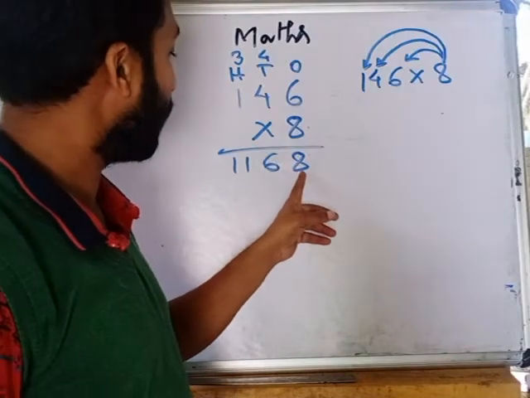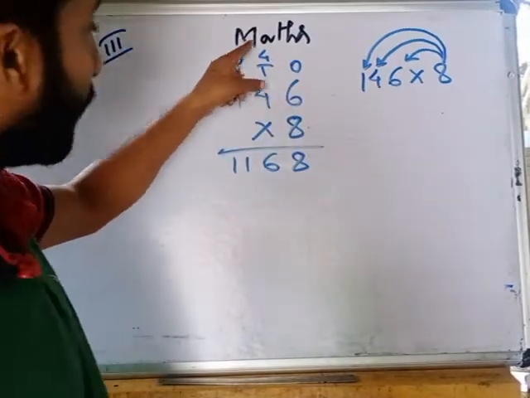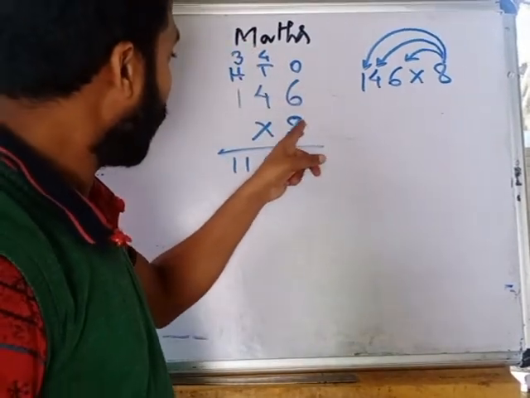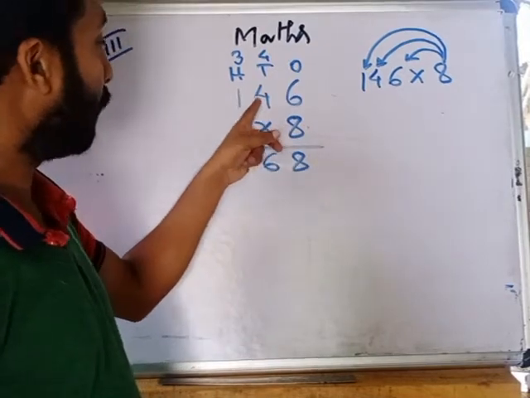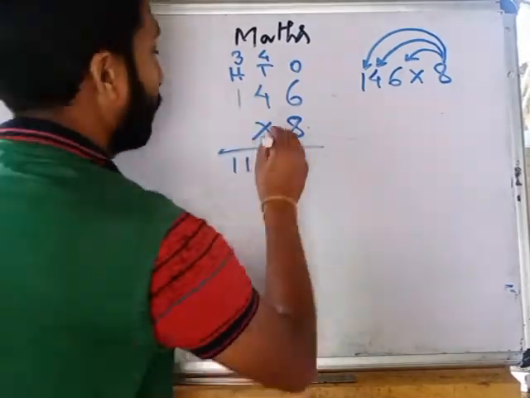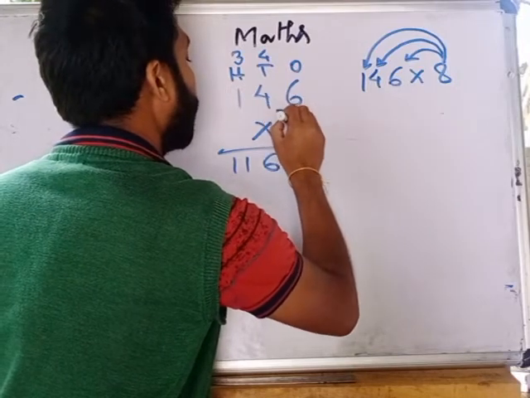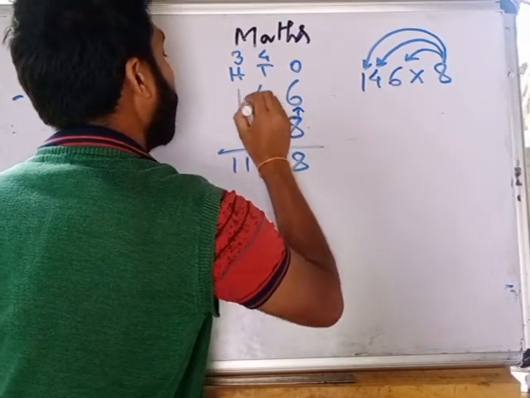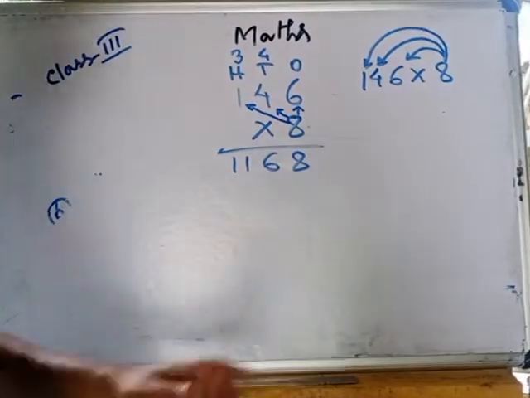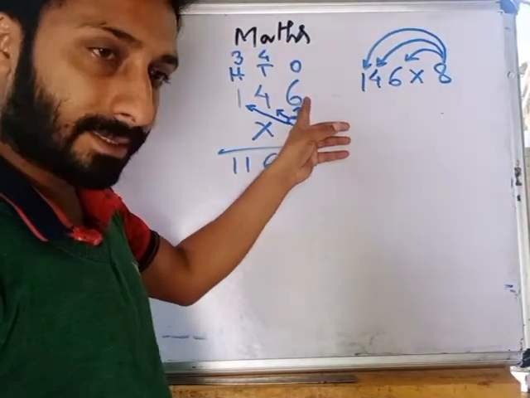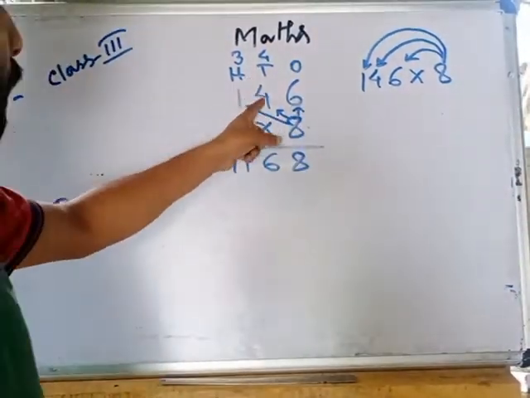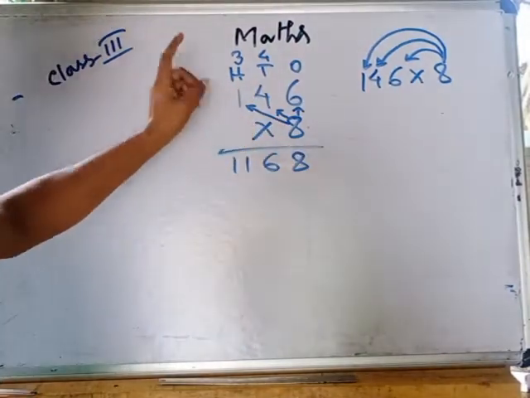That means we should write here 8. 4 carries in the next left. After that 8 multiplied with 4. It is like this. At first 8 multiplied with 6. After that 8 multiplied with 4. After that 8 multiplied with 1.